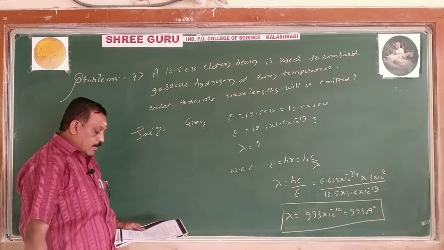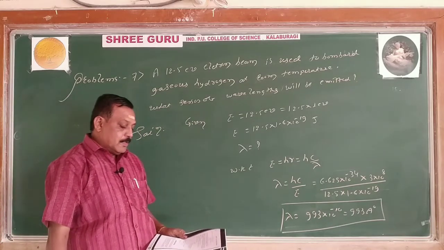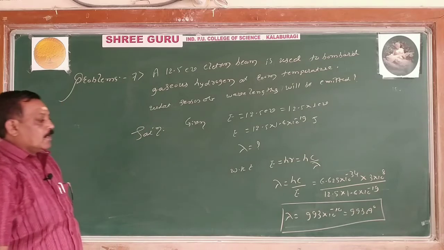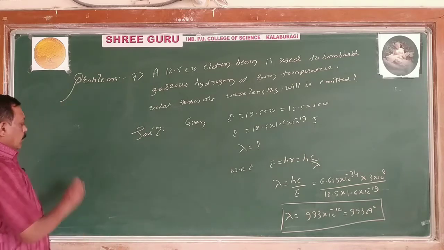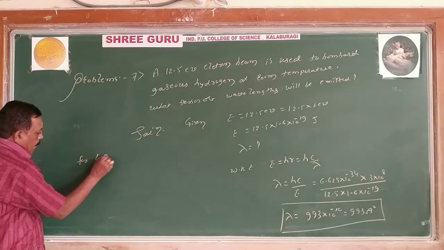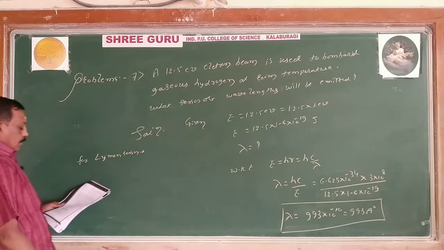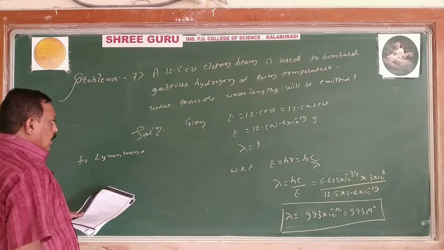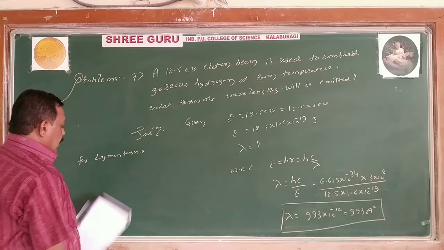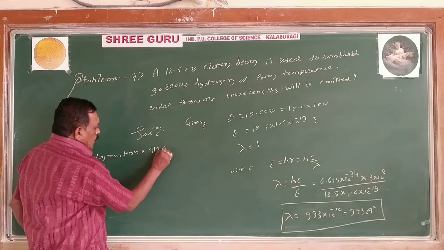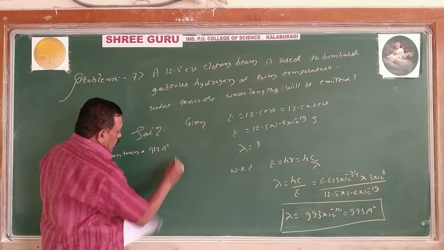Right? So for Lyman series, वेवलेंथ रेंज आपको दे सो, और इसका अल्ट्रावायलेट रीजन क्या है? 912 एंगस्ट्रॉम टू 1216 एंगस्ट्रॉम.